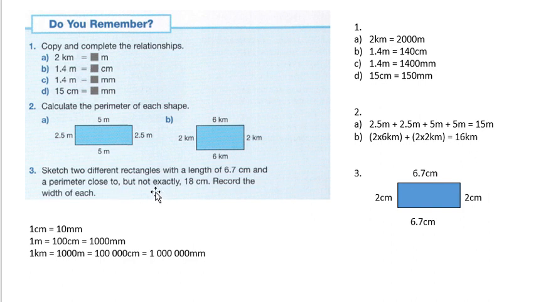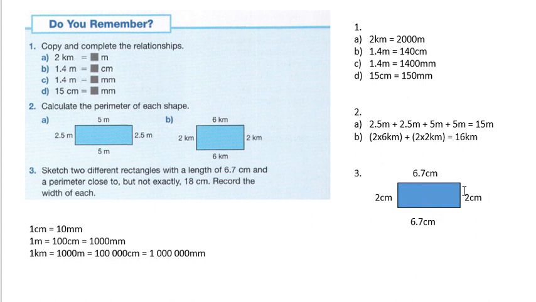Number 3, sketch two different rectangles with a length of 6.7 and a perimeter close to but not exactly 18. I'm only going to show you one. You can make two, but this is how I chose to make mine. I made my rectangle and I made my length 6.7 centimeters. When I add them both together, if I add 6.7 plus 6.7, I get 13.4.